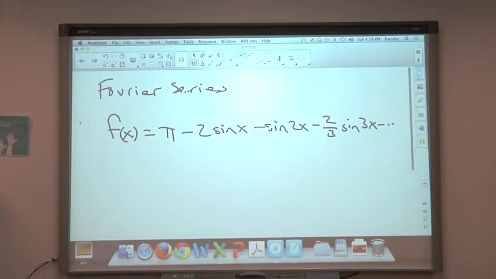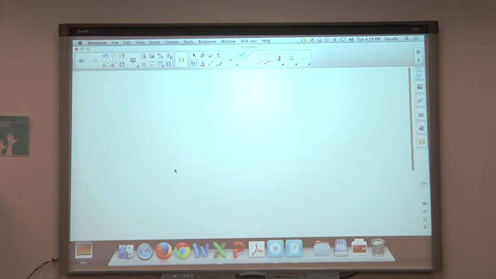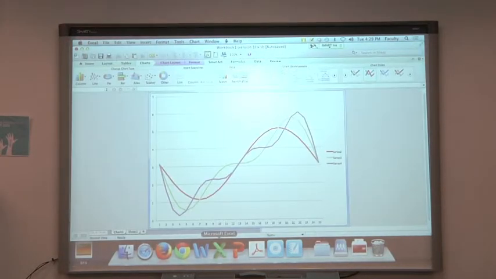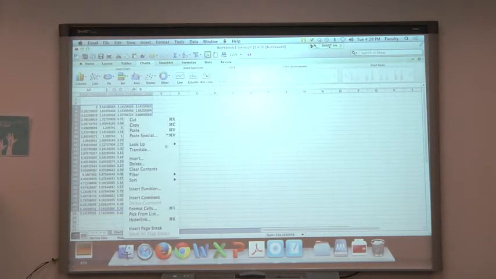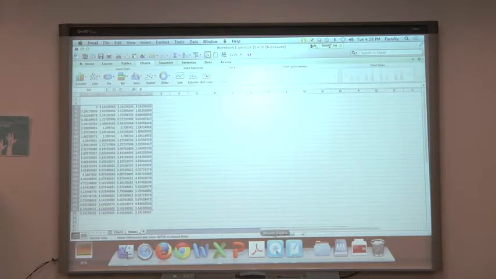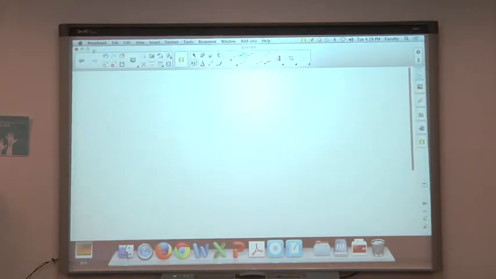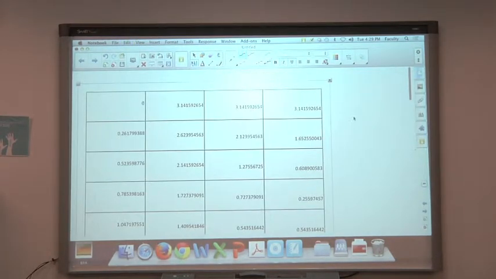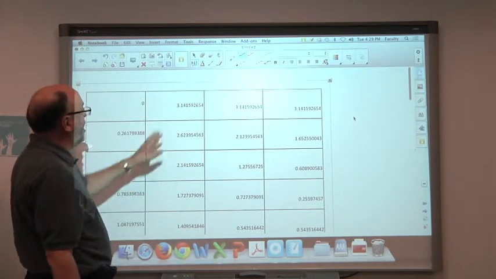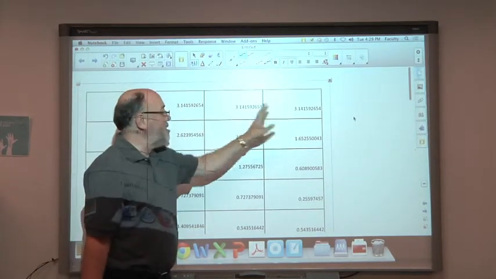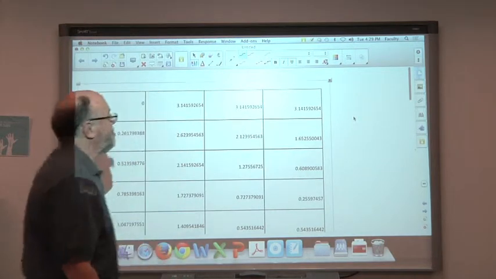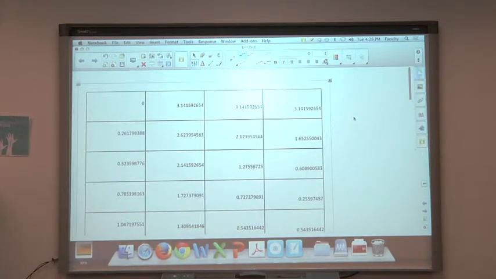Now in terms of what that will look like, and what this comes out to be is, this table is the table of values for that expansion. This is when I only have the first few terms, so basically as I work across, I'm adding more and more terms to it. And so I get that table of data.